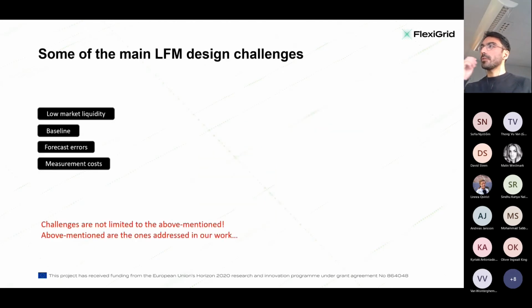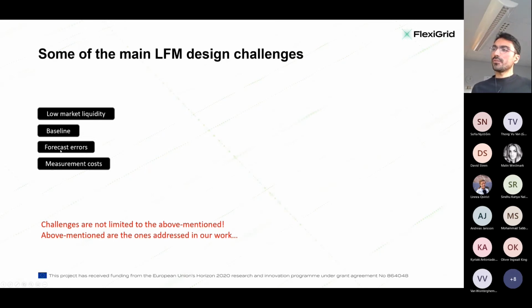So some of the main challenges I have listed four here: low market liquidity, baseline issues you might have heard about, forecast errors at this level in the grid, and measurement costs.